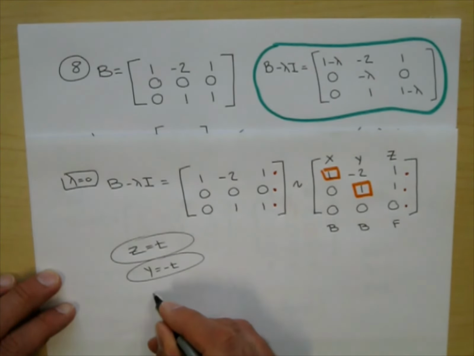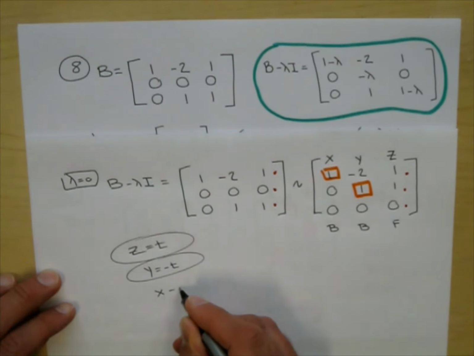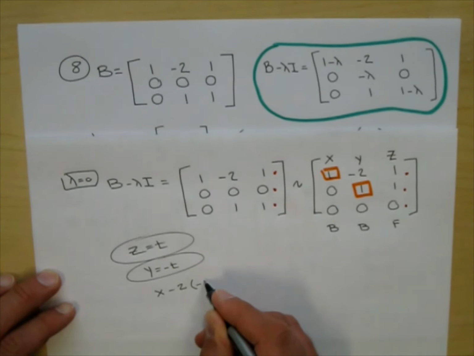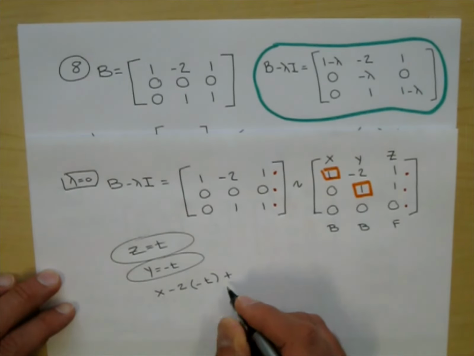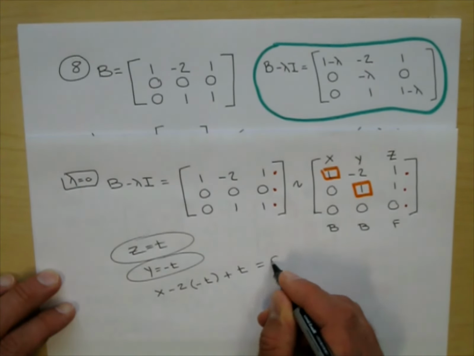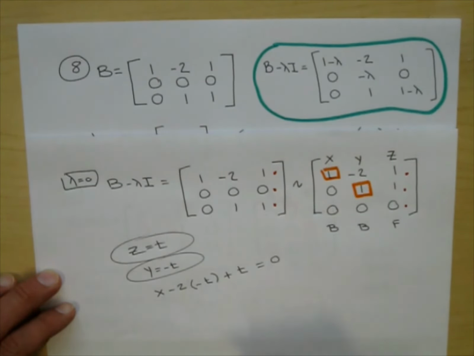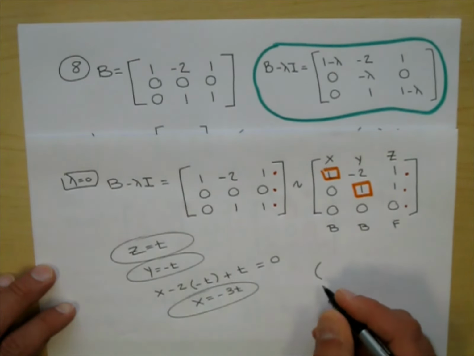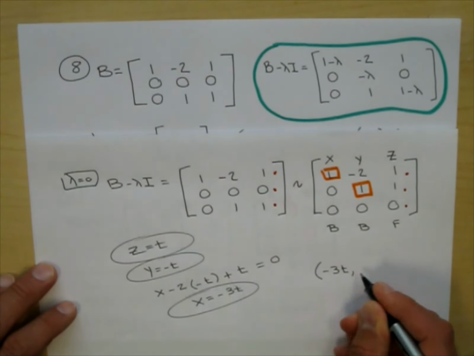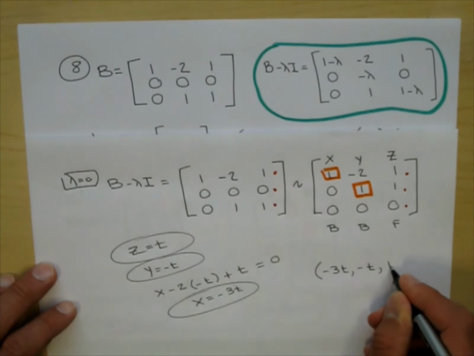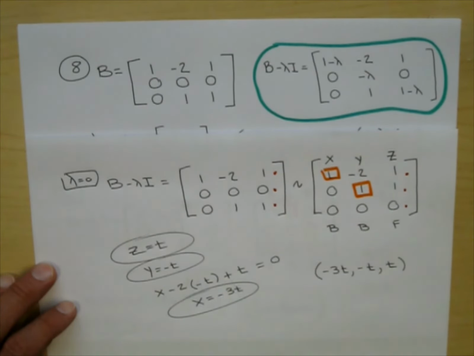From the first row, we get x minus 2 times y plus 1 times z equals 0. So x plus 2t plus t, so x plus 3t, x is going to equal negative 3t. Your set of eigenvectors look like this, negative 3t, comma, negative t, comma, t. We'll factor that t out when we officially write our answer, which we're about to do.